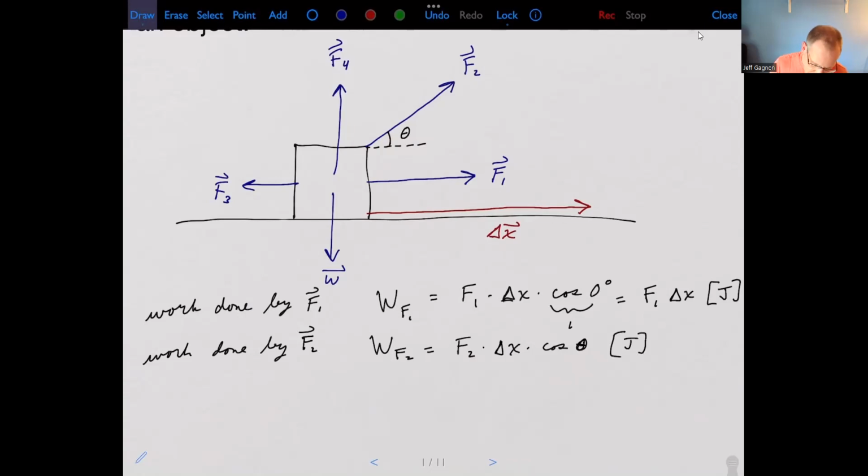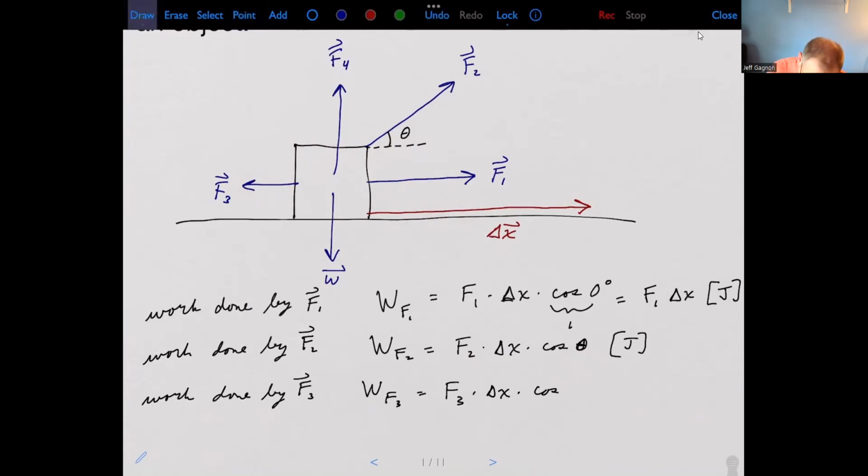Now, what about the work done by F3? So WF3. Well, that's going to be F3 times the displacement, wherever that is, times cosine. Now, what is the angle in this case? Well, if you look at this, F3 is pointing to the left, the displacement is to the right. What's the angle between those two vectors? It's 180 degrees, right? They're exact opposite direction.